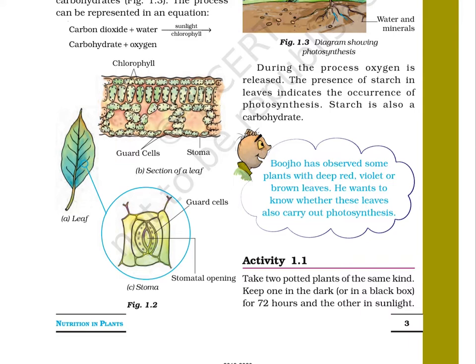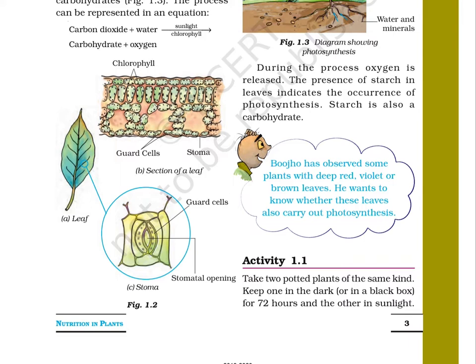Figure 1.2. A. This is the picture of a green leaf. B. Section of a leaf. In this picture, we have magnified the leaf further. We can observe chlorophyll, guard cells, and stoma.